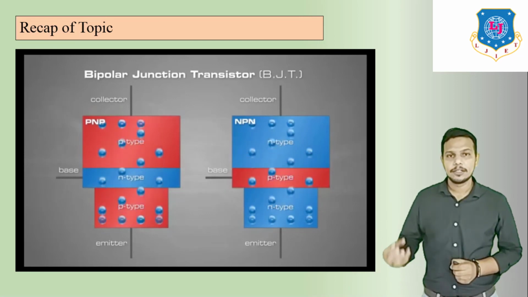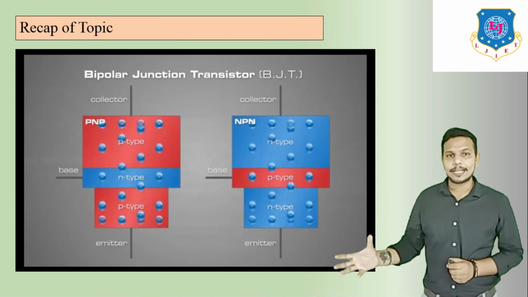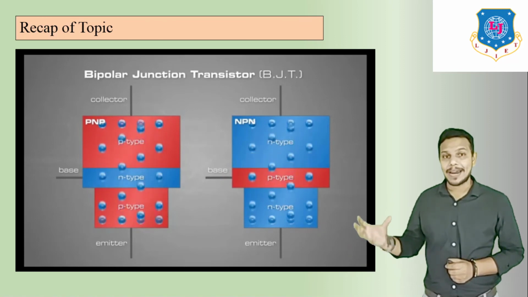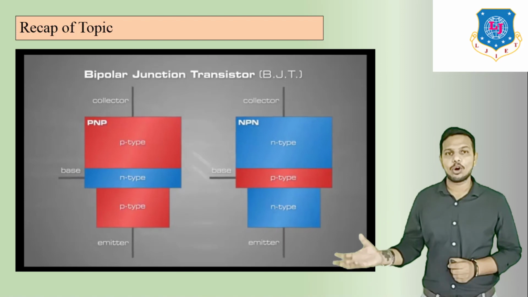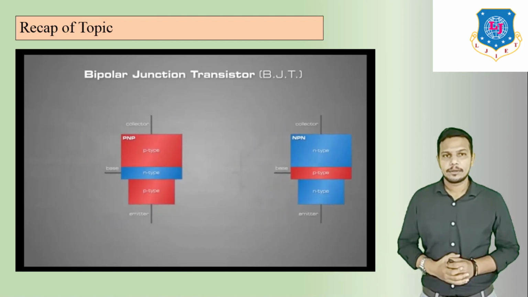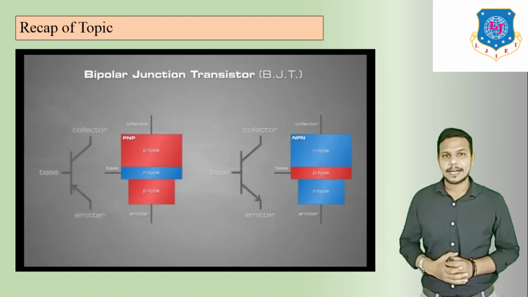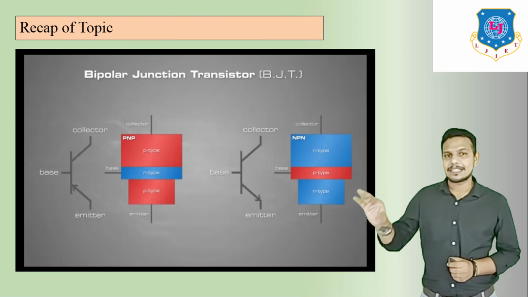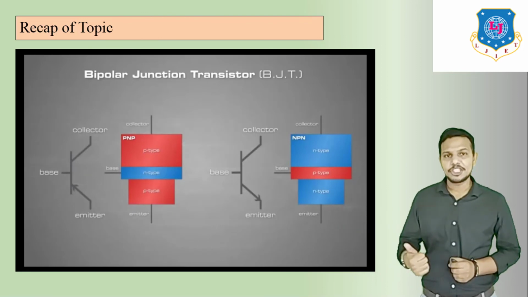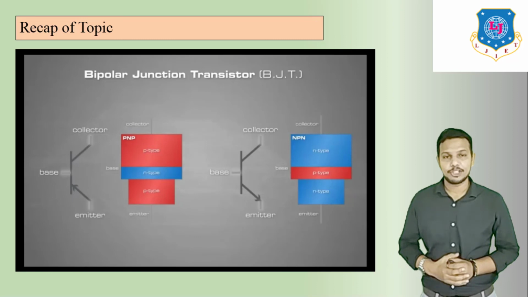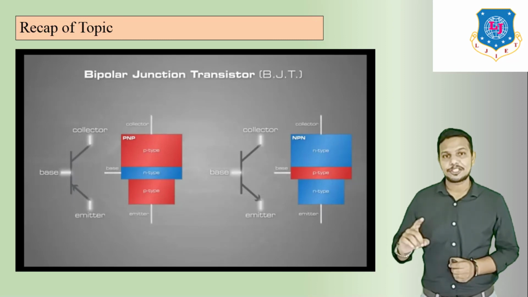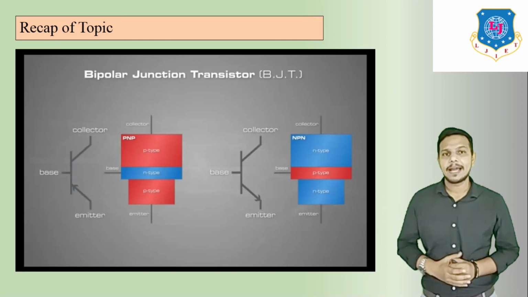Here we can see the flow of electrons always goes from emitter to collector side. So this is the flow of electrons, emitter to collector side, and here we can see this is the symbol of BJT, in which, more specifically, NPN and PNP transistors have 3 terminals: collector, base and emitter.